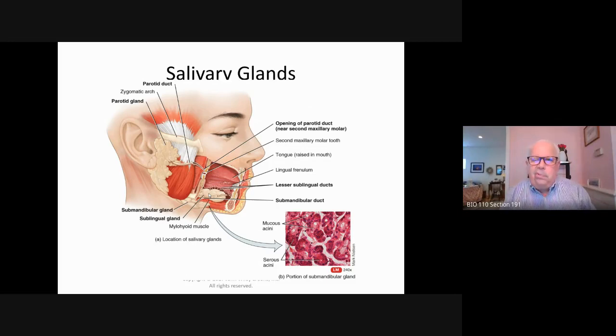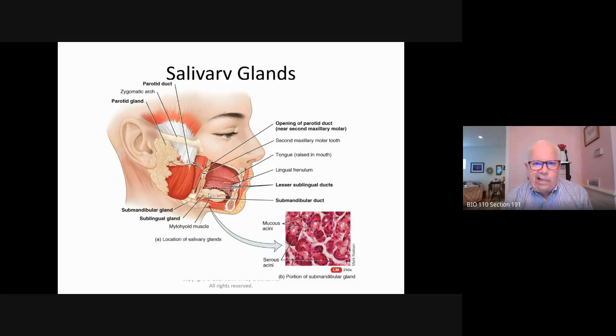The 2 enzymes that are produced by the salivary glands are amylase and lipase. Whenever you see the word amylase, it is an enzyme that degrades carbohydrates. It digests starch.